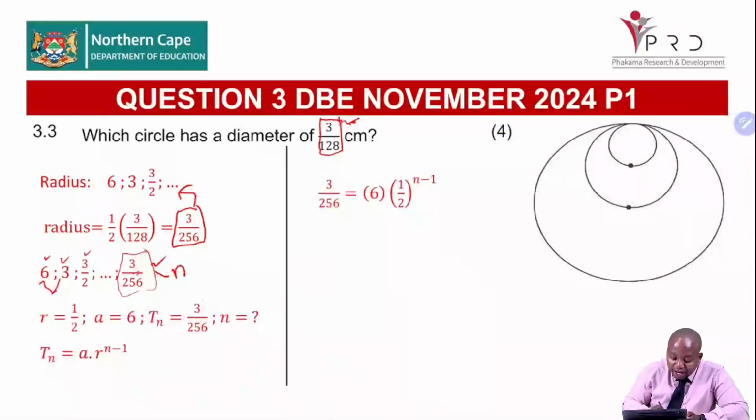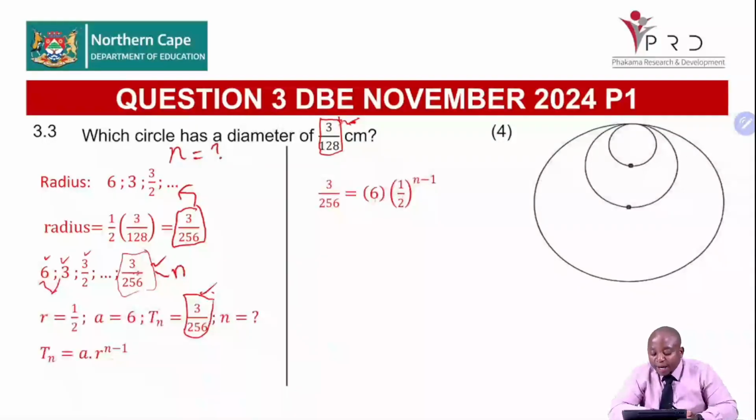My Tn, I've already established, is 3 over 256. I just need to know what is the n of 3 over 256. If I can find that, then I will know which circle this is. So from this question, we are looking for n. Then A is equal to 6. Then R is 1 over 2, all to the power n minus 1. Then I can solve for n from here.